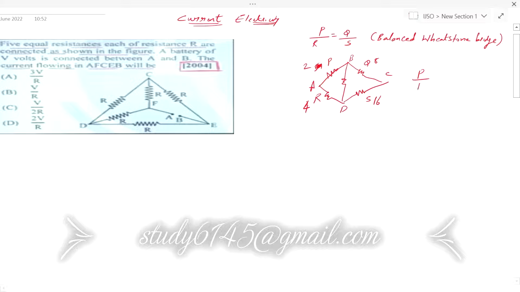So P by R is what? 2/4, 1/2. Same thing is for Q by S.